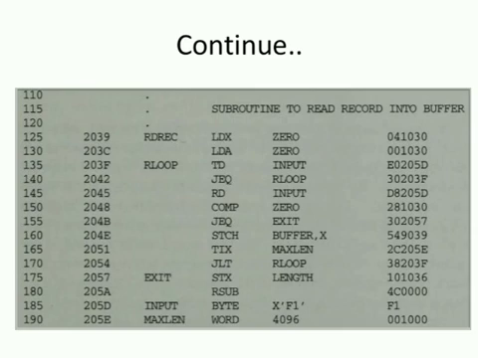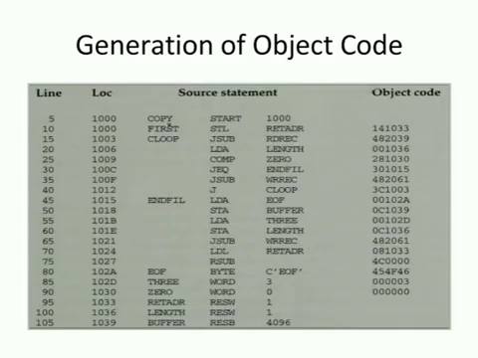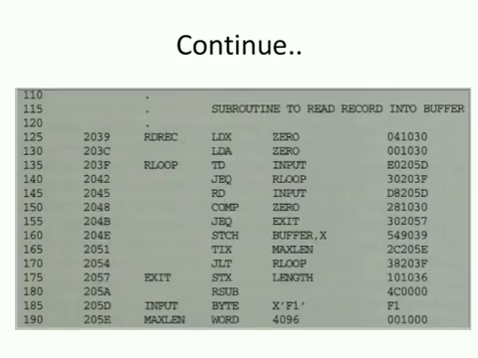So for STCH the opcode value is 54 and the x value will be 1 now, and the address of the buffer, what is the address of the buffer? It is 1039. You can see in the diagram at line number 105, 1039 is the buffer address.